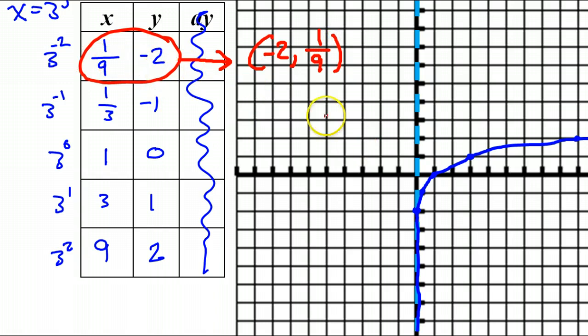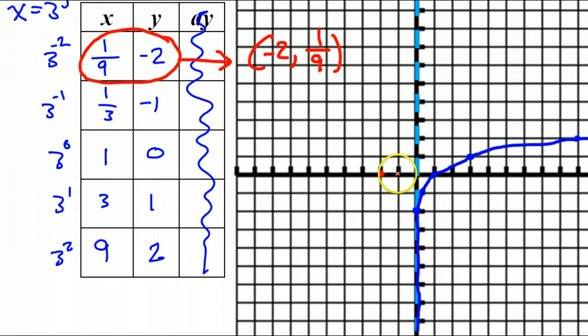So if we do that, and I'll have to see if this is going to get in the way, but so we'd have -2, comma 1/9. So that would be left 2, and then up basically nothing. Alright, 1/9 is so small. And then this one, okay, we can do it mentally. It'll be -1, comma 1/3. Just in your mind, reverse it.